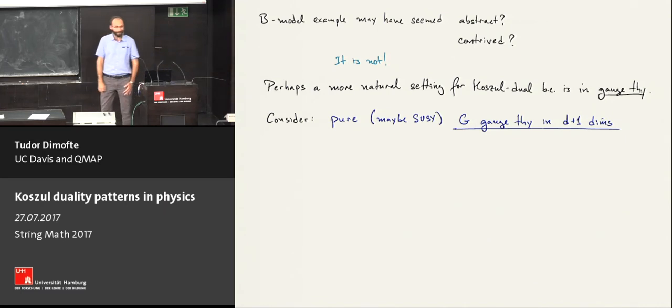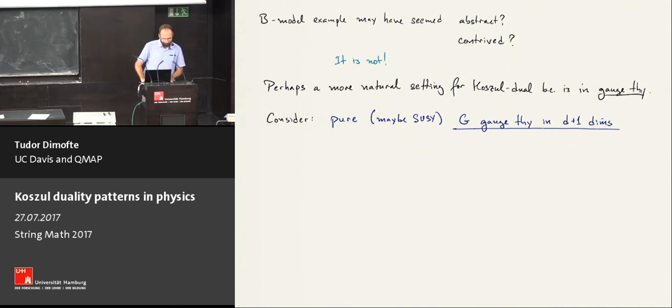It might have seemed a little bit contrived. It is not. And if you do more general B models, there are generalizations of this picture. But to me, the most natural setting by far for causal duality is in gauge theories.